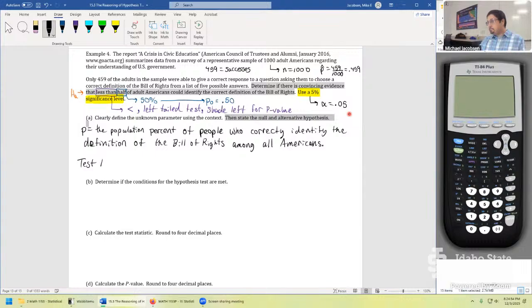Test H naught: P equals, and I'll leave this blank for a moment, against HA: P, and then another blank, at alpha equals 0.05. So this one line is essentially our whole test. We focus on the alternative hypothesis first.